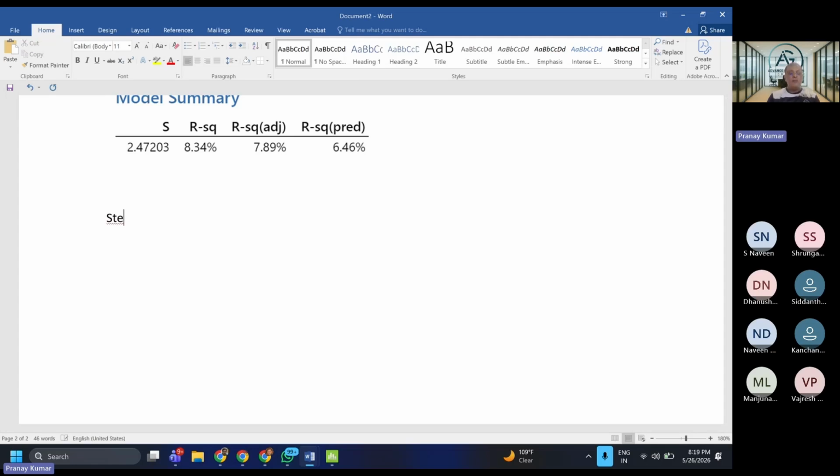Step one, check p-value. Null hypothesis in a regression analysis will say X does not impact Y. Alternate will say X impacts Y significantly.